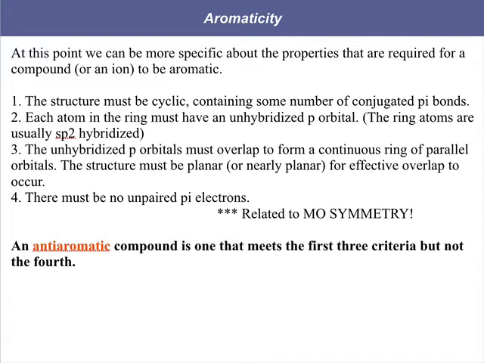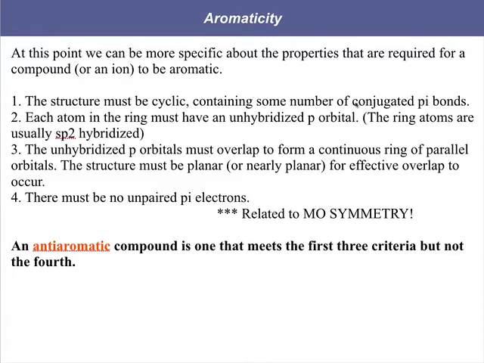So aromaticity is a set of conditions that need to be met in order for the molecule to be particularly stable, like benzene is. The first requirement of aromaticity is that the structure must be cyclic, like we've been doing, and containing some number of conjugated pi bonds.